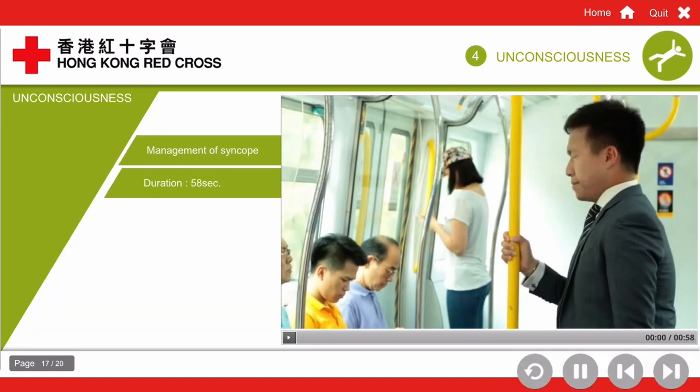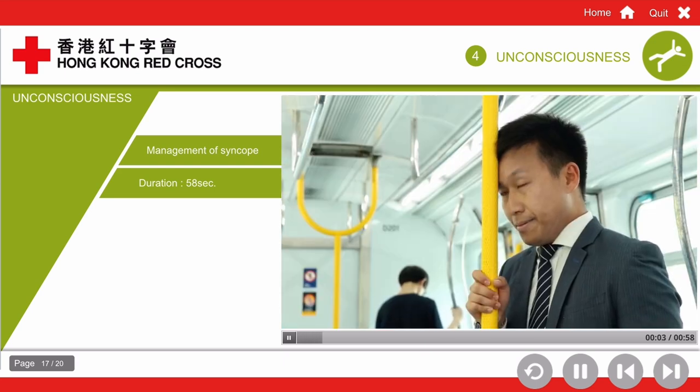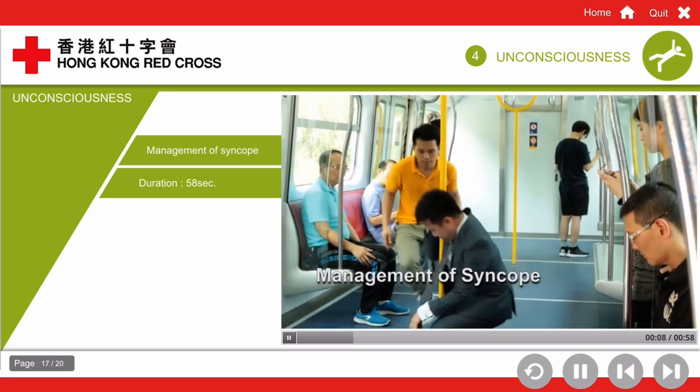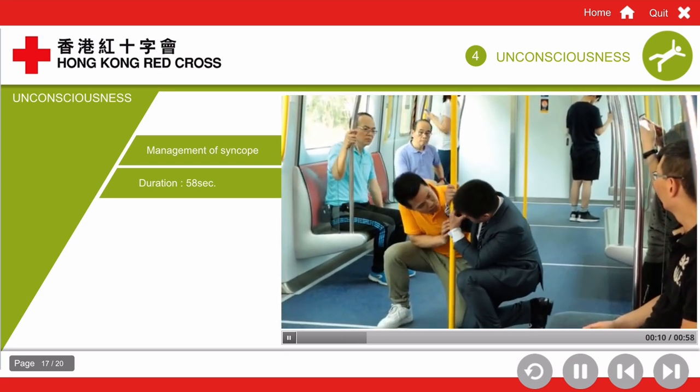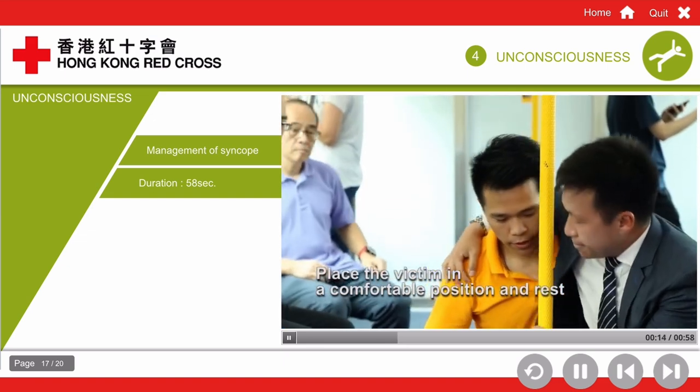After learning the triggering factors, signs and symptoms of syncope, let's take a look at how to manage syncope victims. Management of syncope. Place the victim in a comfortable position and rest.